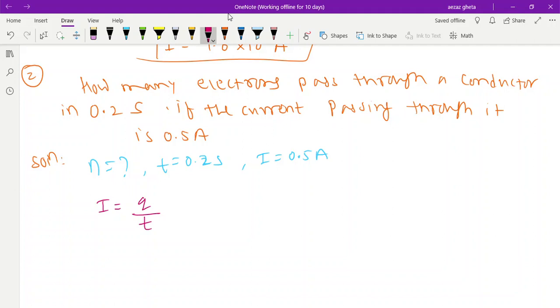So I want to find out n. I can write this formula as I is equal to Q divided by T, where Q is nothing but n into E. So I want to find n. So this T and this E will come here. N is equal to I into T divided by E.